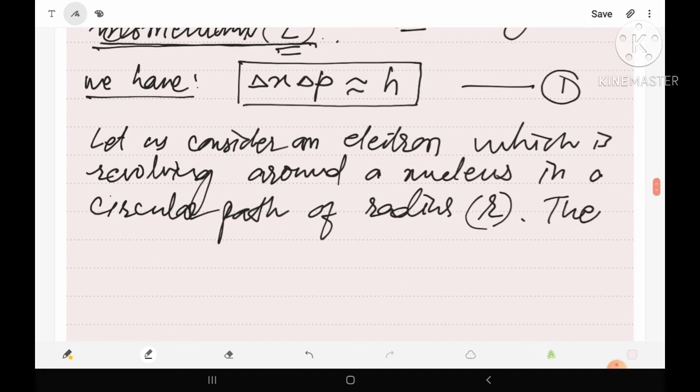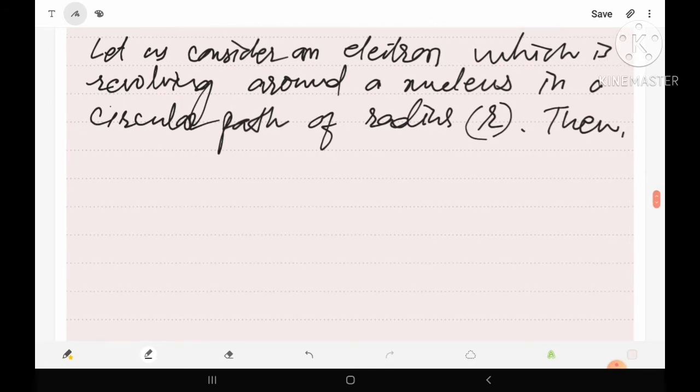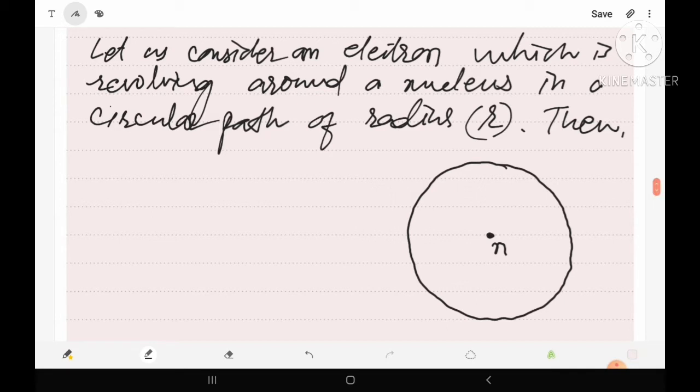Then let us see the circular motion. Suppose this is the nucleus, and around this nucleus an electron is revolving in a circular path, and the radius of the circular path is suppose r.